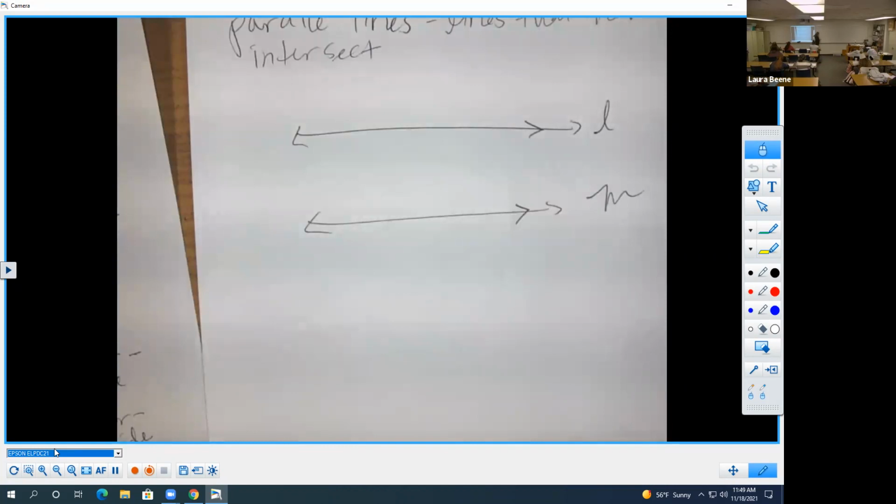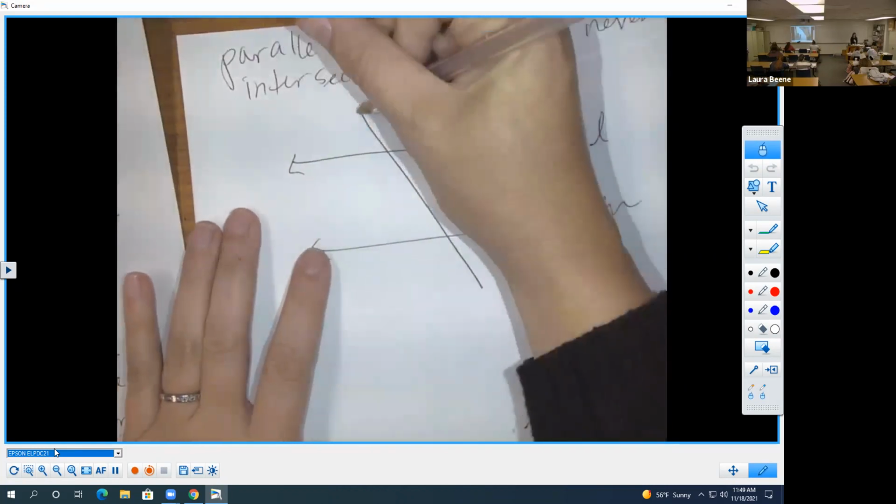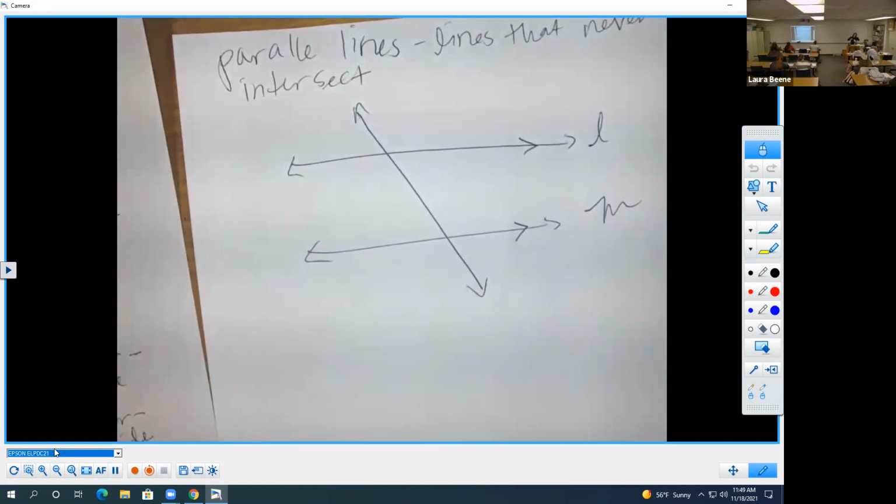So we got parallel lines, and then you have a line that cuts them some way, shape, or form. It could go this way, it could go the other way, it could go straight up and down. Like, it doesn't matter anything about that line. Do you know what that line's called? They could be perpendicular. How could it be perpendicular? If it created a 90-degree angle. Okay, so perpendicular lines create, or lines that intersect that create a 90-degree angle.